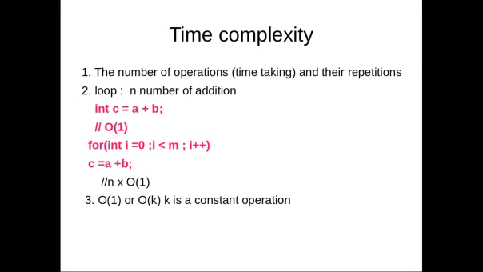But if this operation is done 1000 times, I will run a loop: for int i equal to 0, i less than m, i plus plus. If I run this with m equal to 100 times, or m equal to 1000 times, then this will take 1000 times 100 nanoseconds. Now that time is very significant.